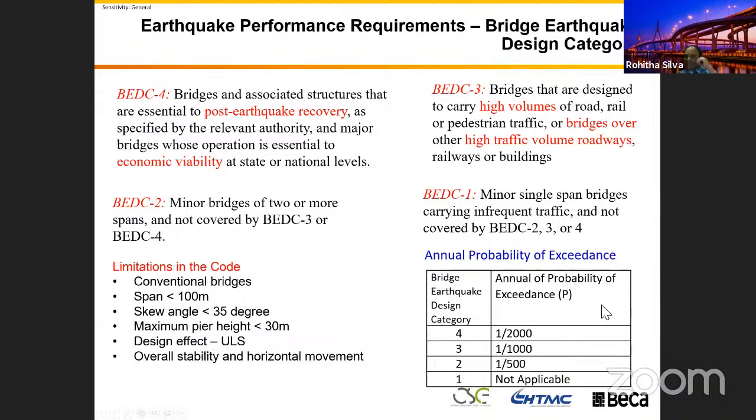The annual probability of exceedance, or return period, we have talked about already, like in the flood and the wind: a 1 in 2,000 year event. But if it's category 3, it's reduced to, say, a return period of 1 in 1,000. If it's category 2, it's 1 in 500. If it's category 1, basically we don't want to worry too much about the earthquake design.